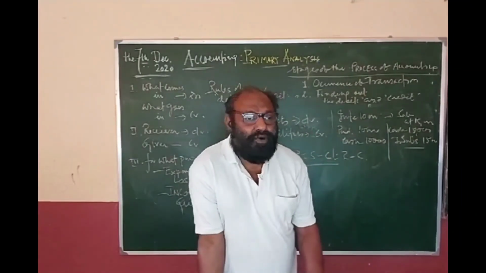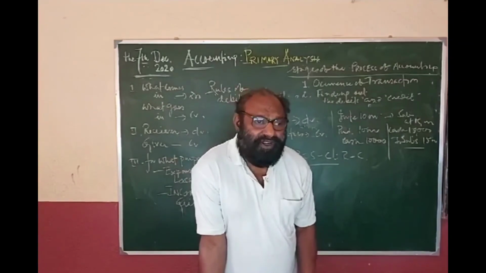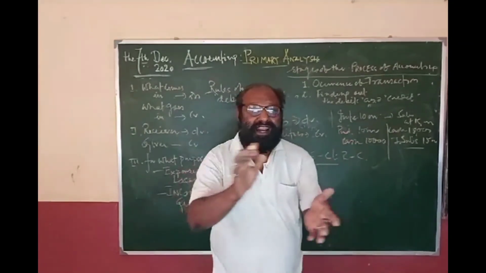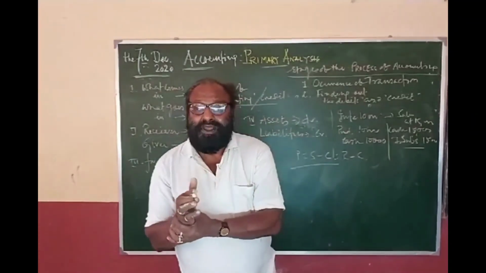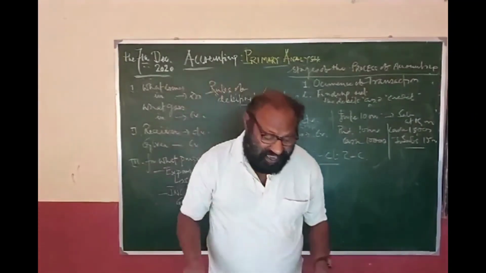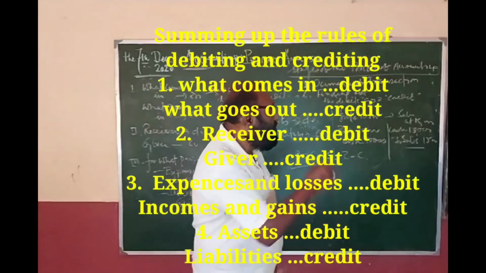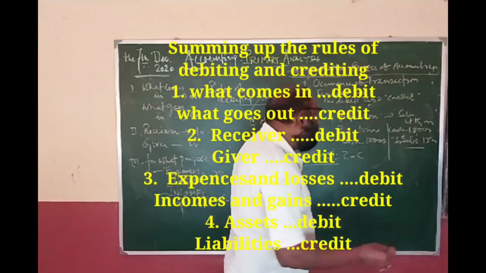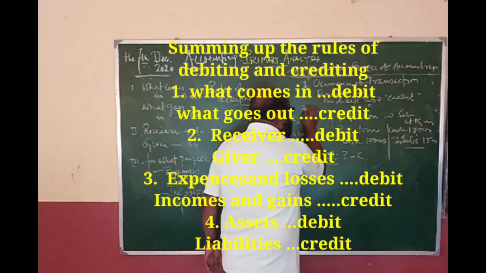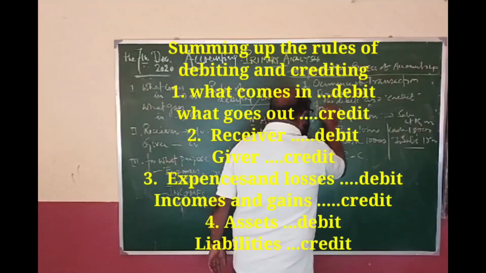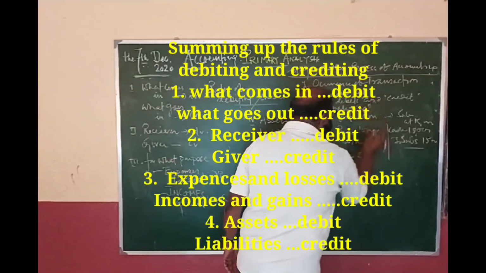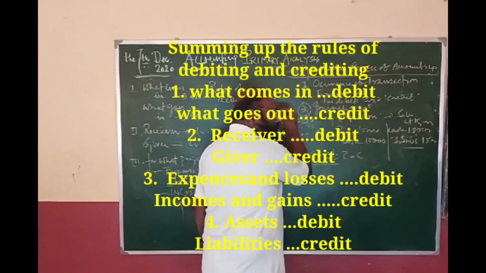In our next class tomorrow, I will take up 20 transactions, and I will go on analyzing them for your basic understanding, and that would be the process of generalizing. So tomorrow our task will be generalizing.